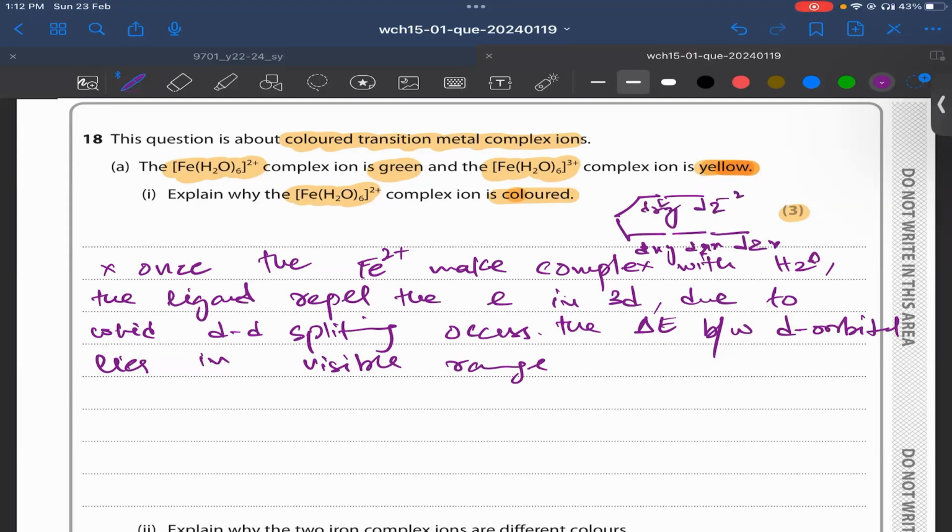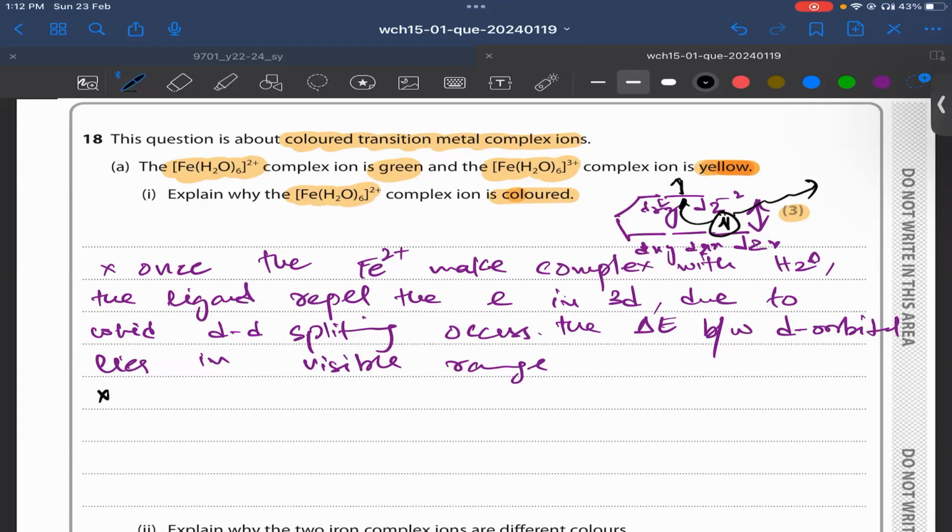So this d-d splitting occurs, and the difference lies in the visible range. So one of the electrons from the lower energy level, let's say this electron here, will absorb energy and jump into the higher energy level. The rest of the energy is transmitted, and that transmitted light is the complementary color. This will give the color to the complex.